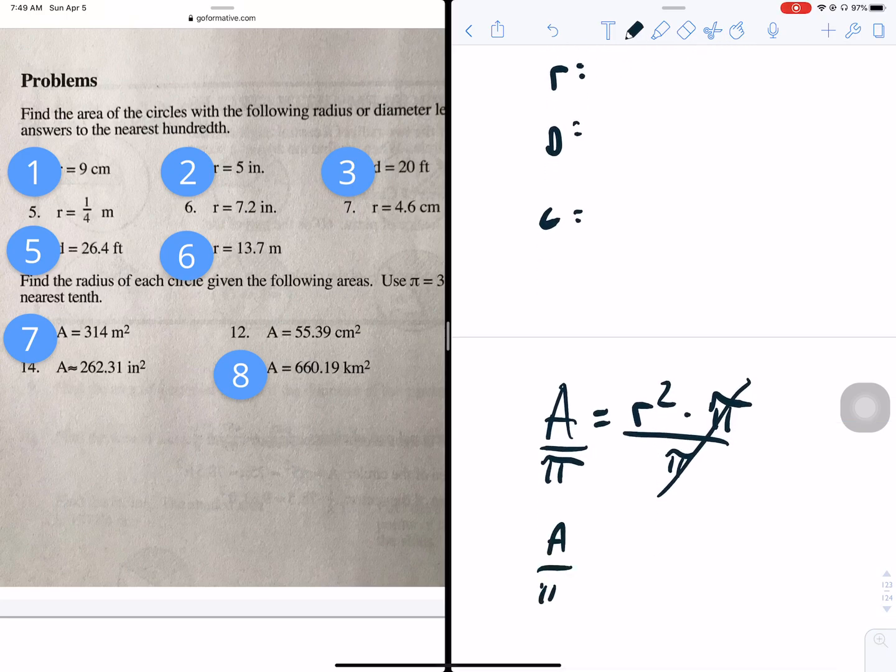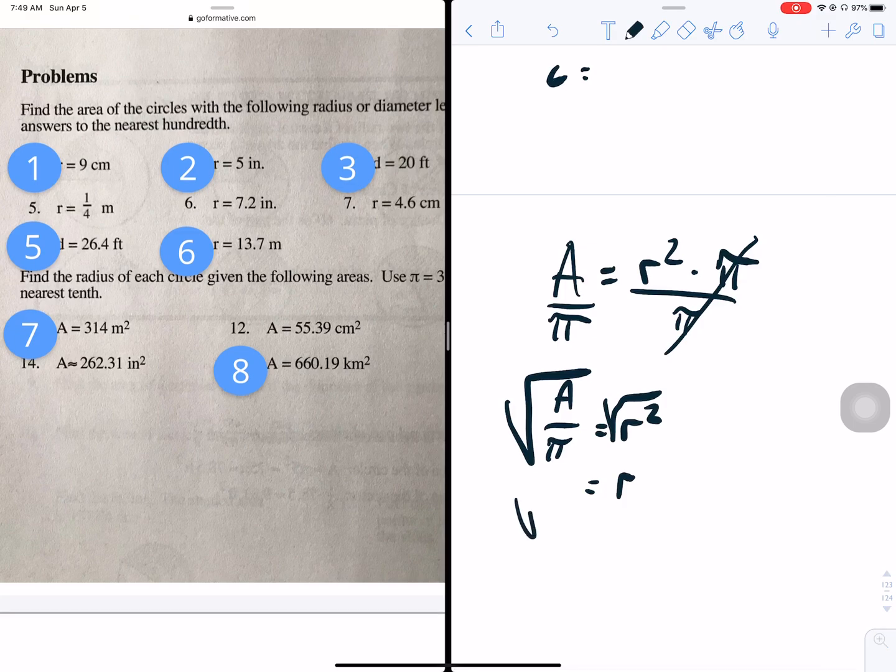Area divided by pi equals r squared. If I square root r squared, then it's just r. But whatever I do to one side, you have to do to the other. So the square root of the area divided by pi is going to get me my radius.